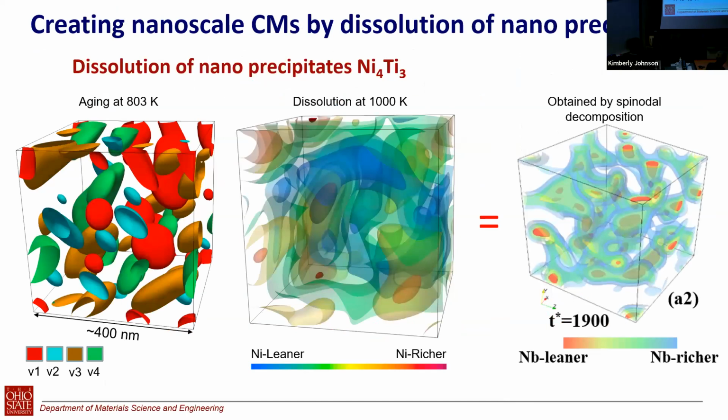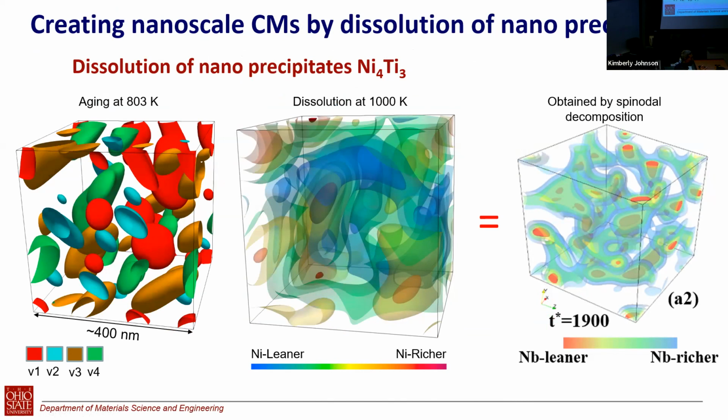We say, okay, if you have a slightly nickel-rich system, you can create a nano precipitate. It's called Ni4Ti3 precipitate. This is the microstructure of the precipitate simulated from the phase field simulation. But those precipitates don't transform from austenite into martensite because they are not austenite.